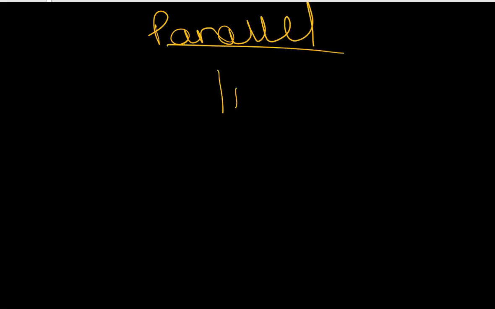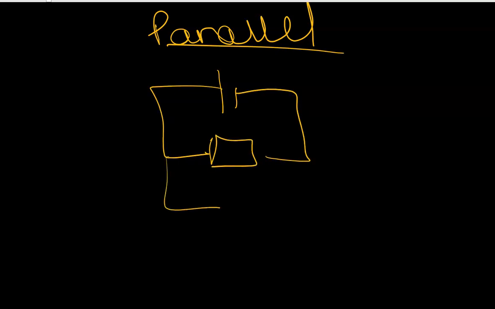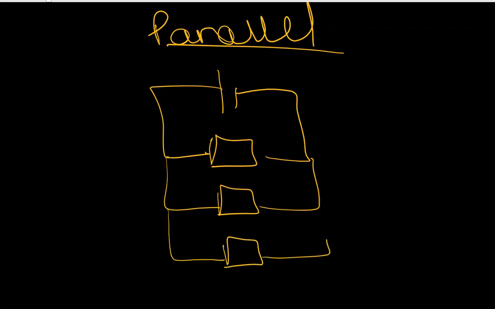Okay, so let's look at parallel circuits. A parallel circuit is where you have multiple paths for the current to flow. So you have V, then you have R1, R2, and R3.